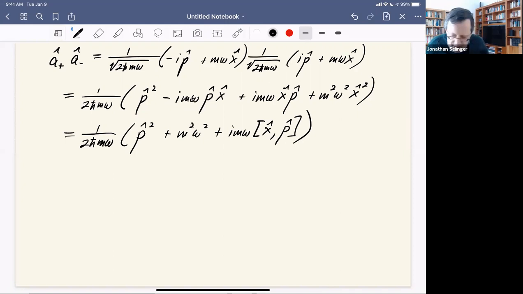And this commutator of x with p is i h bar, that's what we already worked out.